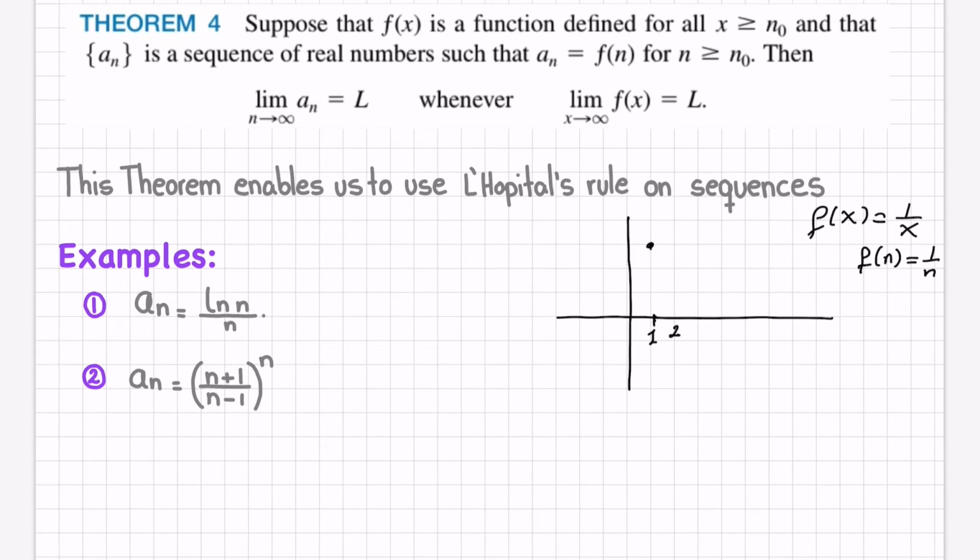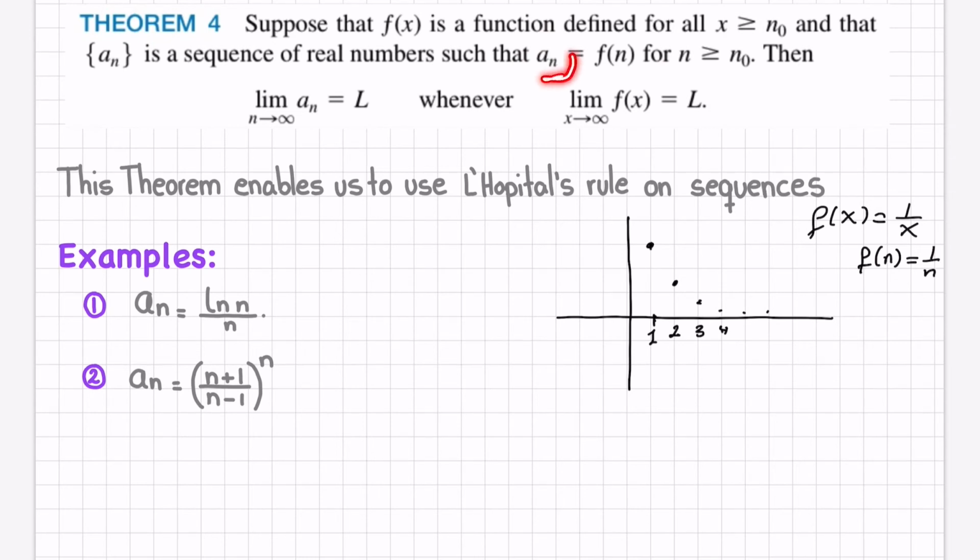At 2, it is 1/2. At 3 is 1/3. 4, 1/4, and so on. You see, if we evaluate one function only at integers, we get a sequence, okay? And that's what it says here. Suppose that the sequence is coming from a function that has been evaluated at integers.